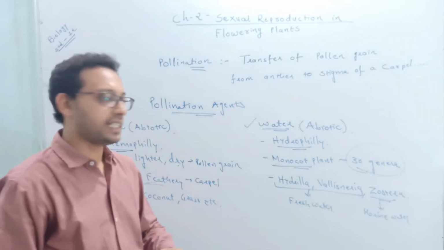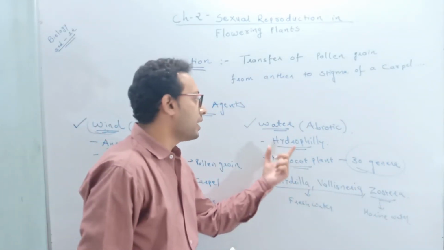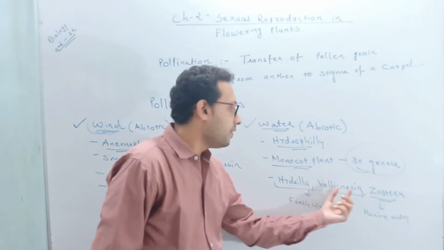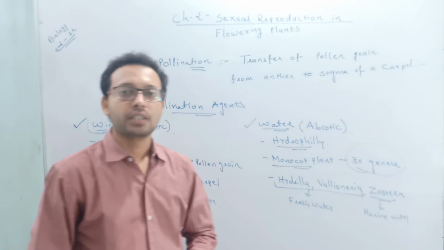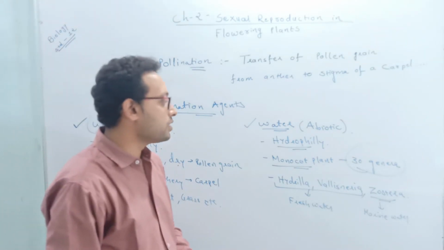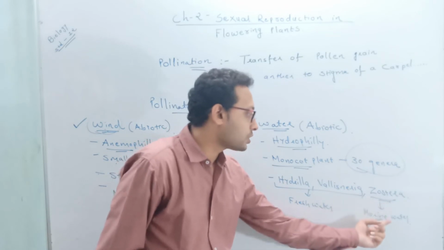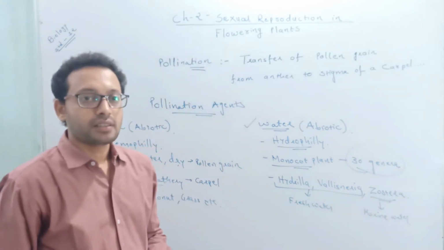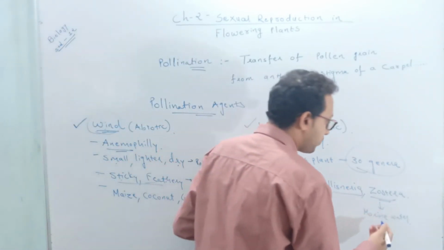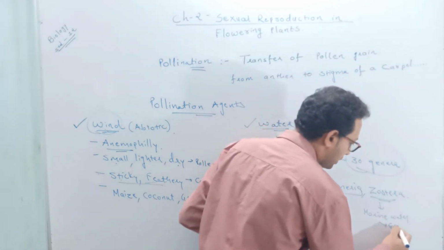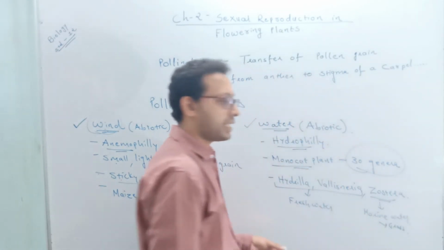So the examples of plants in which hydrophily is seen are Hydrilla, Vallisneria and Zostera. Hydrilla and Vallisneria are freshwater plants and Zostera is a marine plant. You can also call Zostera marine grass.